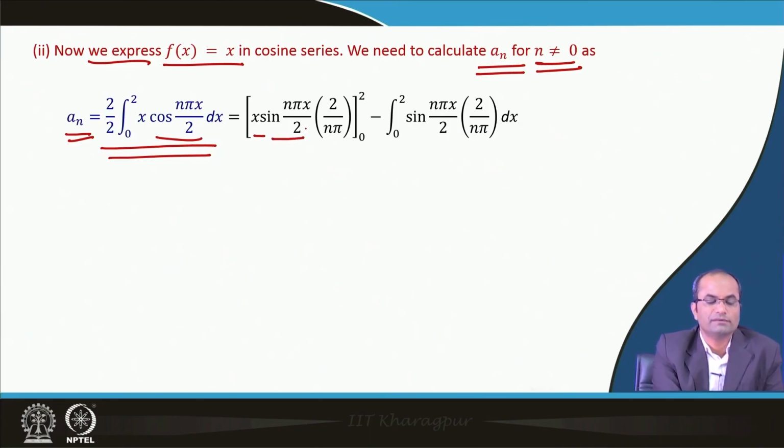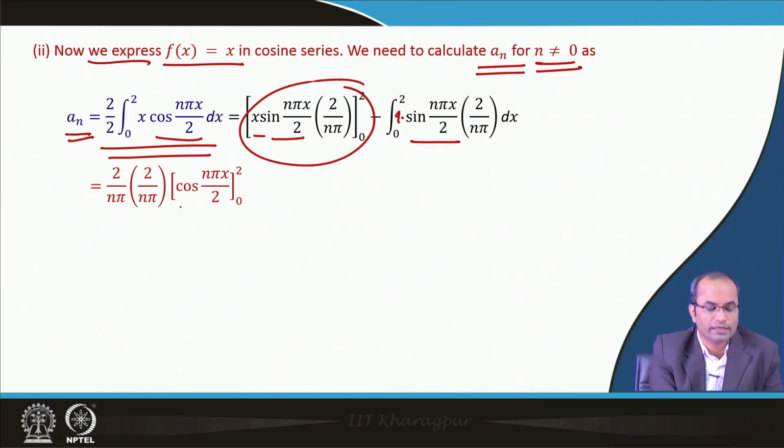So, x, and then we will get sine there, and the differentiation of x will be 1, and then we have to differentiate again, because this will become 0, but there we have to integrate to get this cosine term, with the limits from 0 to 2 again.